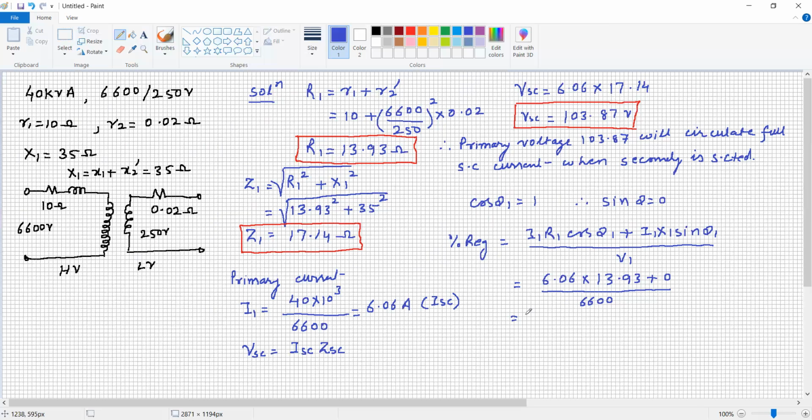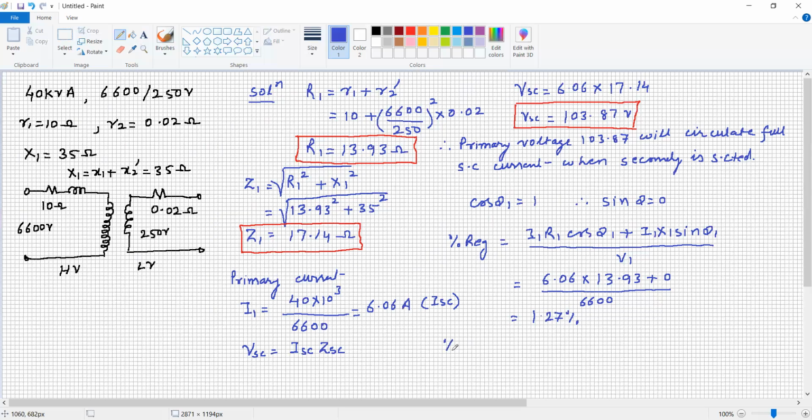How much is it? 6.06 multiplied by 13.93 divided by 6600. So it is 1.27%.